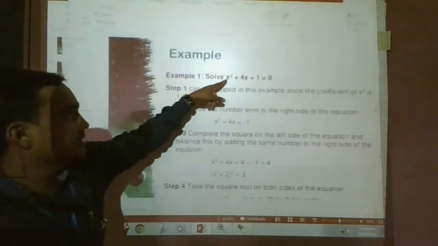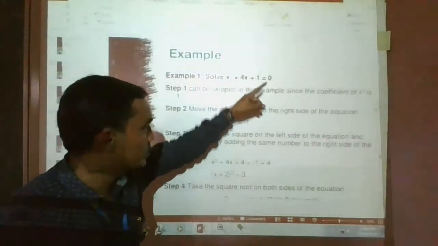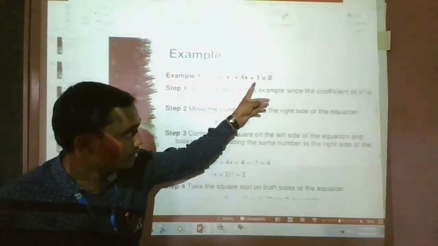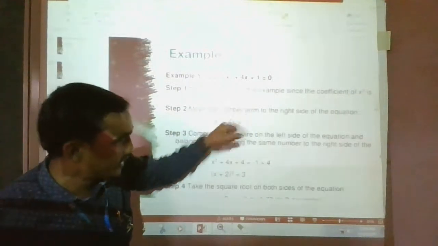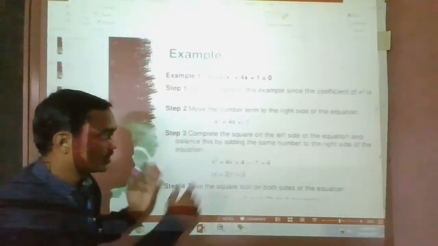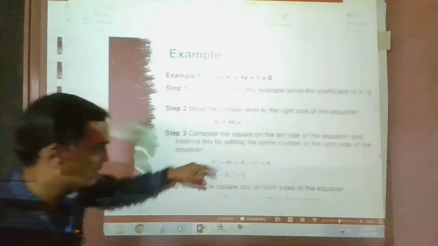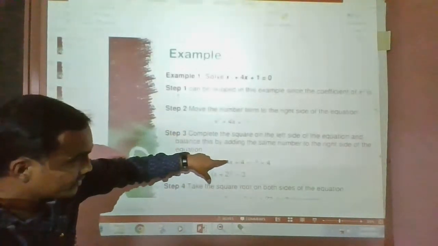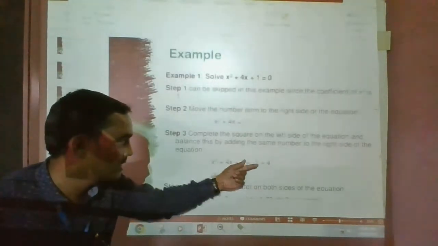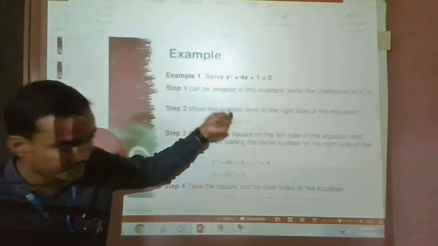Now x square plus 4x plus 1. Here x square, now this constant number you have to send to the right hand side, the positive becomes negative. Now we are adding 4 on both sides, LHS as well as the RHS. Here x square plus 4x plus 4 is equals to minus 1 plus 4.